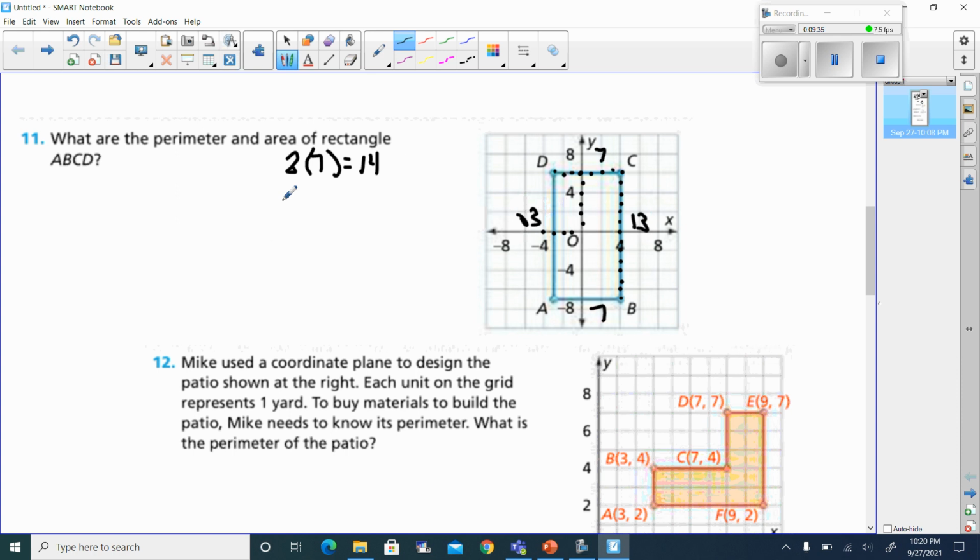So that's going to give us 2 times 13, and that's going to give us 26. And 14 and 26, that's 40. So our perimeter is 40.